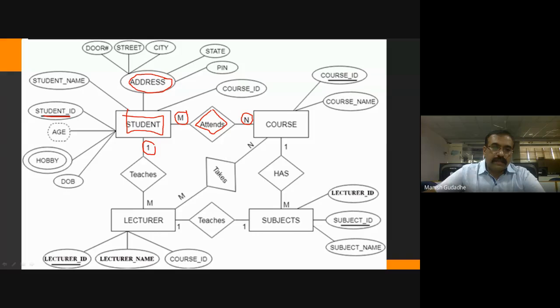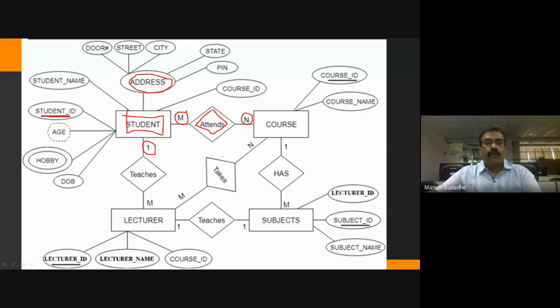So this is called mapping cardinalities or mapping constraints of an ER model. That means these constraints are one to one, one to many, many to one, and many to many.